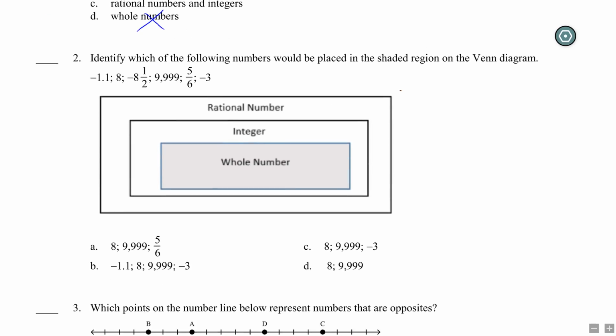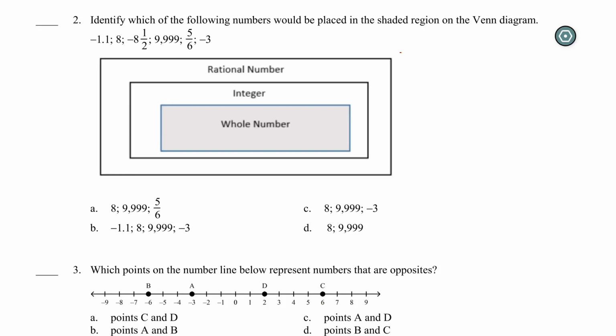Number 2, identify which of the following numbers would be placed in the shaded region of the Venn diagram. And so my shaded region is my whole numbers only, and so now I'm just looking for only whole numbers. Well, negative 1 1/10, because it's negative and because it's a decimal, is not a whole number. 8 would be a whole number.